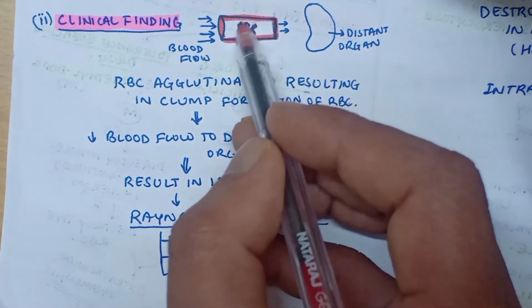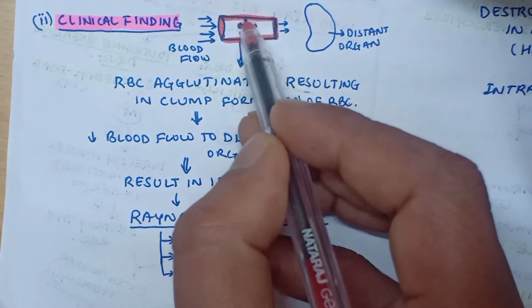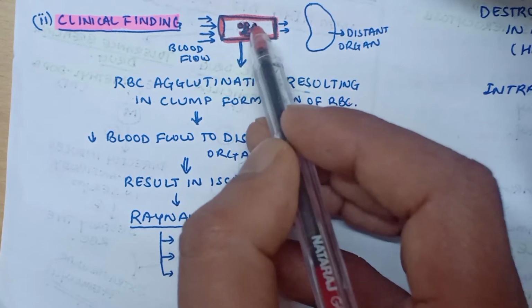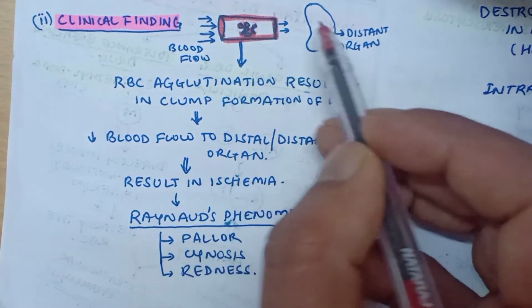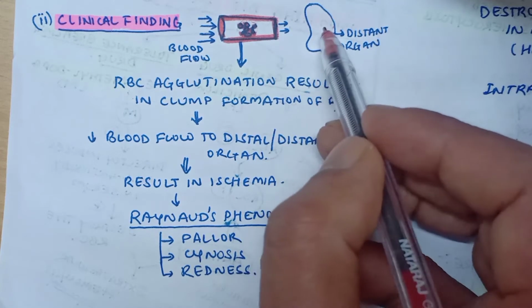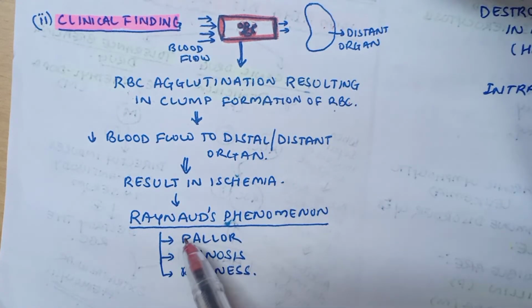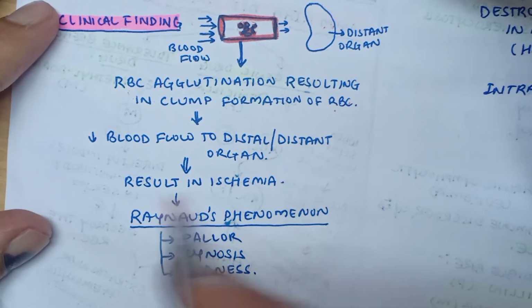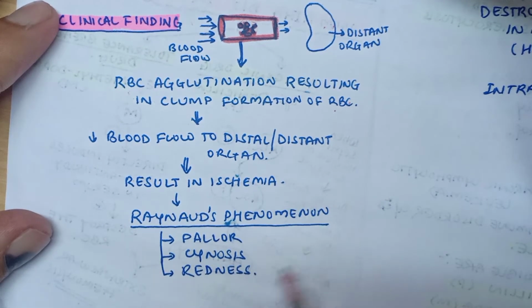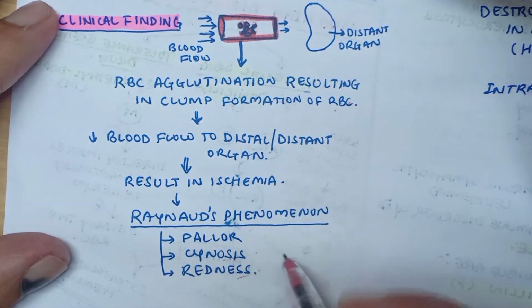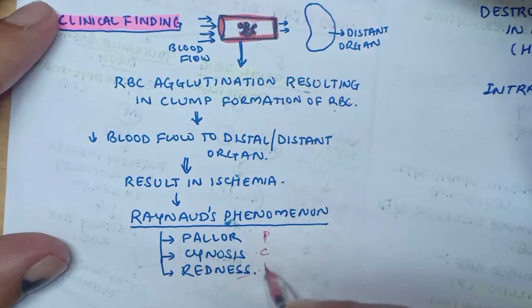Once the RBC is agglutinated, it will form a clump, and this will obstruct the blood flow to the distant organ. This will result in ischemia, and it will show a characteristic feature, that is Raynaud's phenomenon. In Raynaud's phenomenon, we see pallor, cyanosis and redness, PCR: pallor, cyanosis and redness.